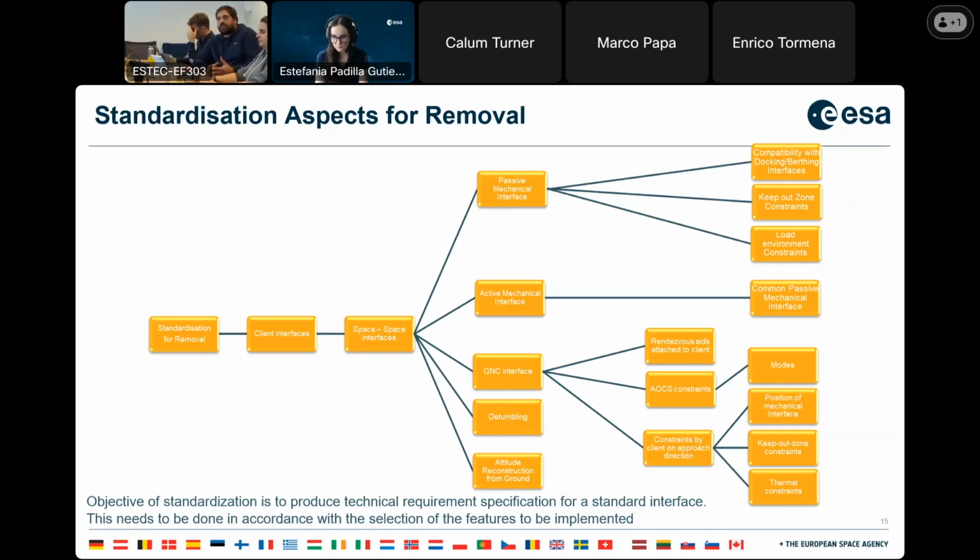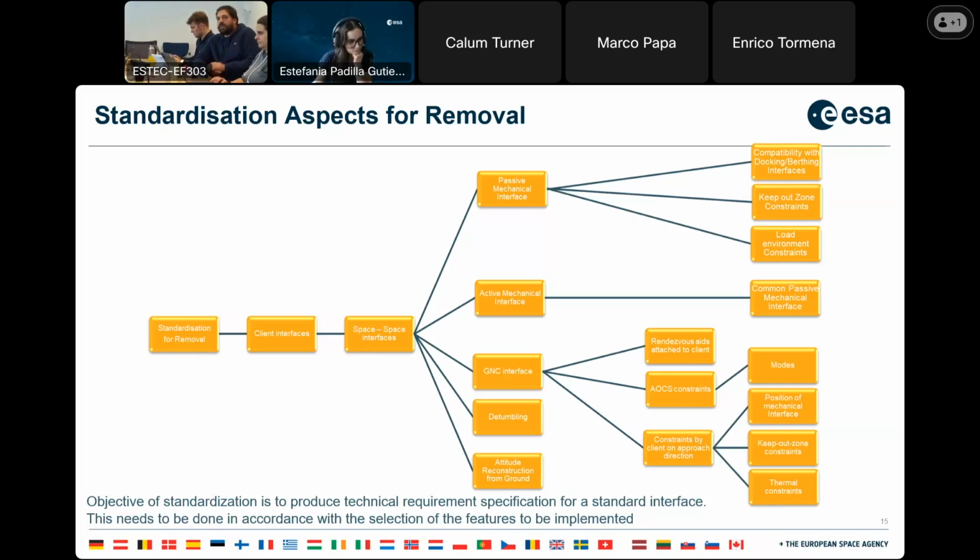It is important to understand which are the different aspects and which are the possible compatibility and interoperability with different interfaces. From the active side, it is important, at the end, as an aspect to be highlighted, the possibility to think of a common passive mechanical interface for the removal.